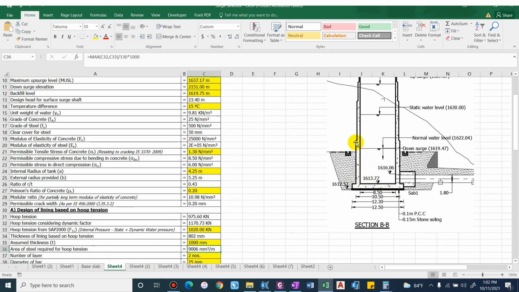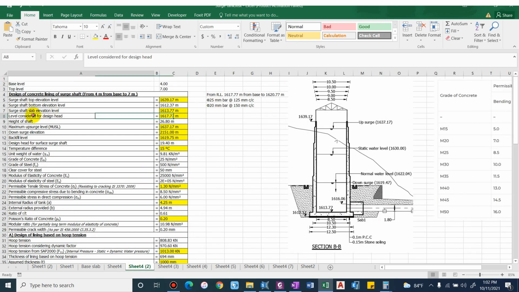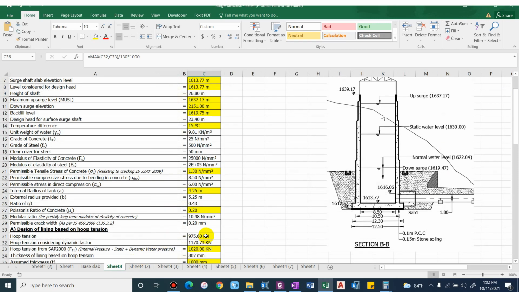Now up to which depth will we provide 1 meter? Let us check at a depth of 4 meter. From this point we'll add 4 meter, so we'll get 1617.77. The level considered is 1617.77, and at this particular depth the hoop tension comes as 808.833 kilonewton, which was 975.60 previously at the base.